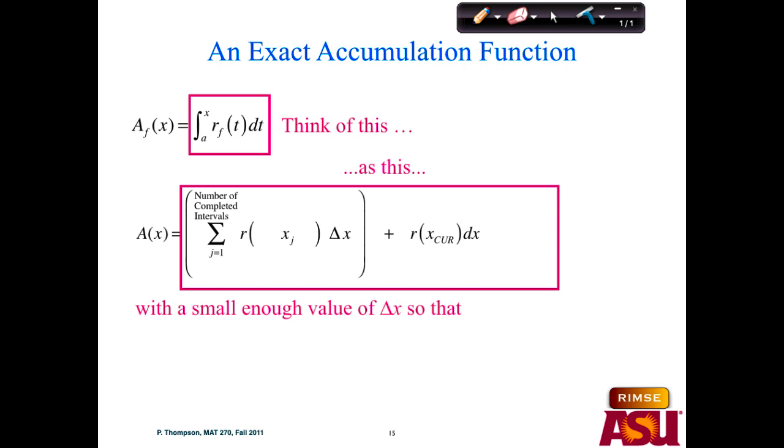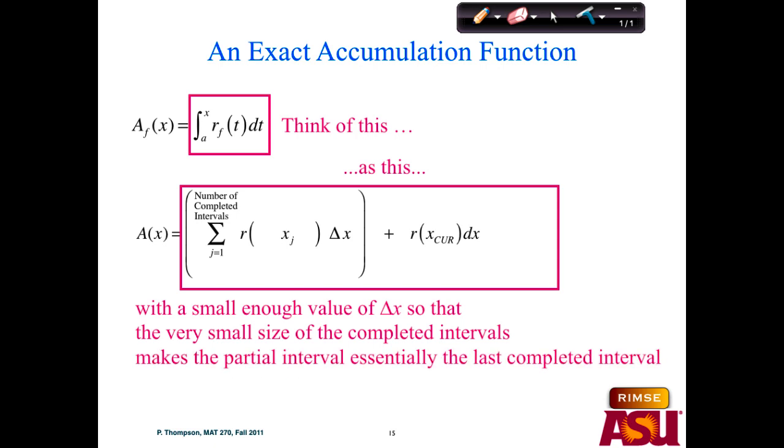But if we're talking about the integral, delta x is so small that the partial interval is essentially the last completed interval. So we can just disregard that, or imagine it being absorbed into the sum of the completed intervals.